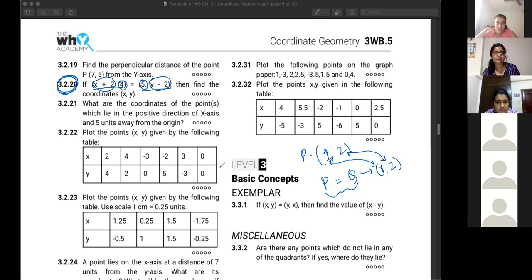Yes, ma'am. So I got 5:4, but that's not the answer. Yeah, Aryan, your method is correct. You sent that in the message, but x plus 2 equal to 5 because they're equal, but it's wrong, ma'am. No, ma'am.